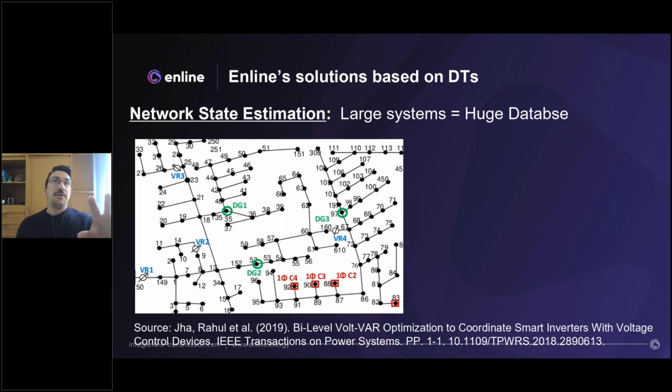Okay, I talked about an example that we see in the School of Engineering, but here, can you imagine how large the database would be for more complex systems? This is just an example I took from one very well-written paper. The reference is written below. This is a 329 node system with distributed generation and unknown measurements.